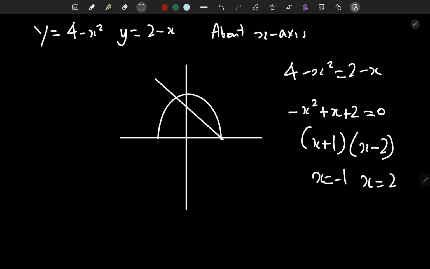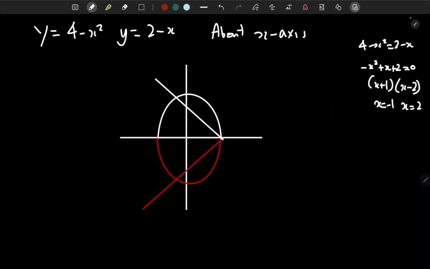So now let's draw the reflection and see what we are solving for here. So here we know that we are bounded by these intersections, which are -1 here. So our first disk here would be right over here. And again, my drawing is not the most accurate, but bear with it.